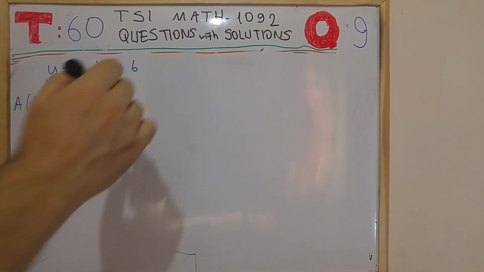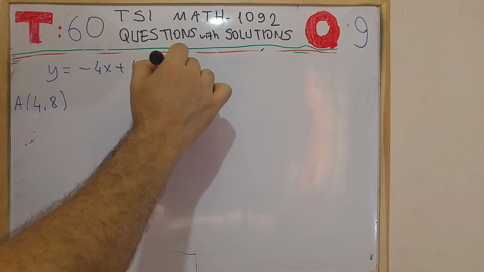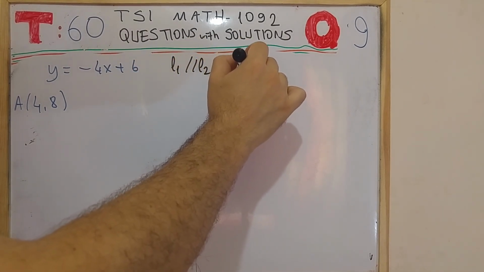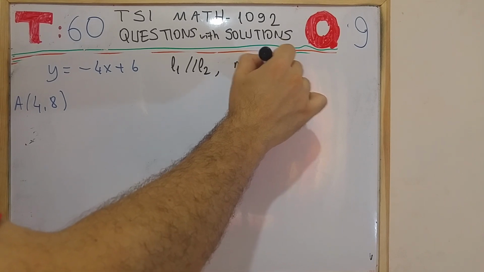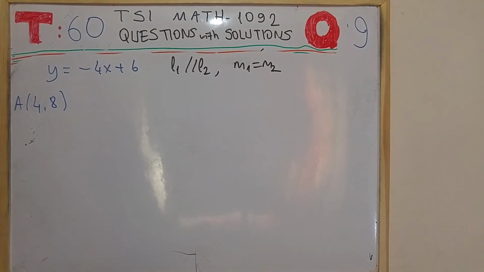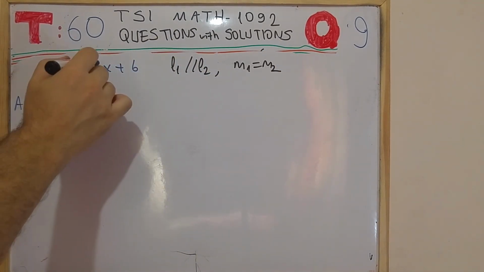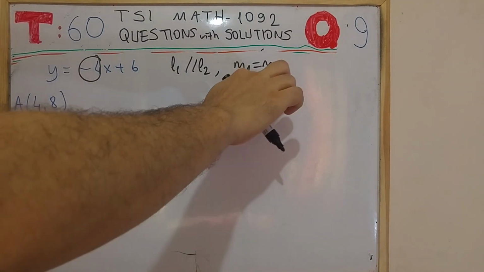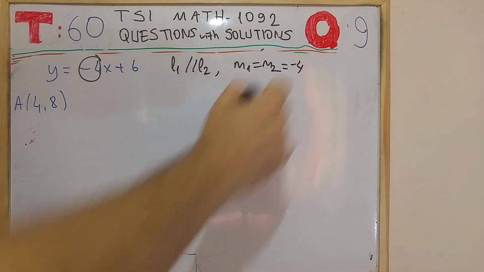If these two lines are parallel to each other, then the slopes of these two lines must be equal to each other too. So the slope of this line is equal to minus 4. Therefore, the slope of the second line must be equal to minus 4 too.